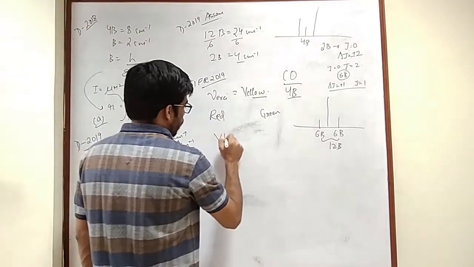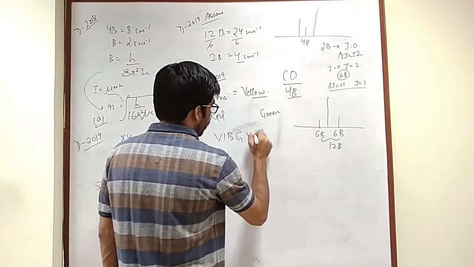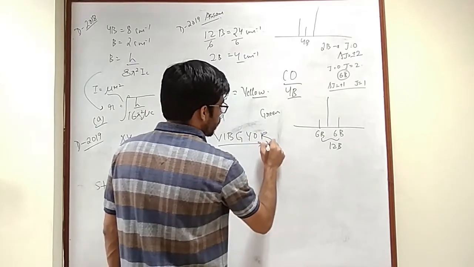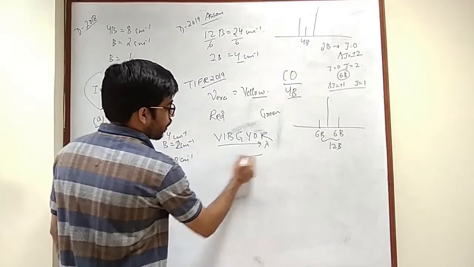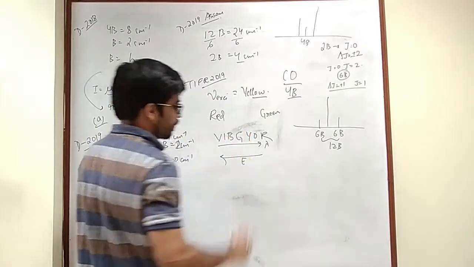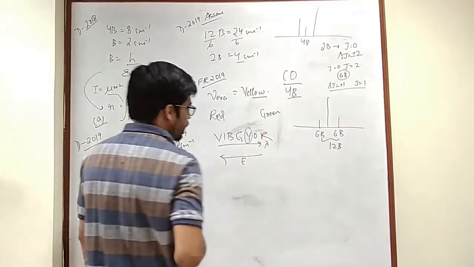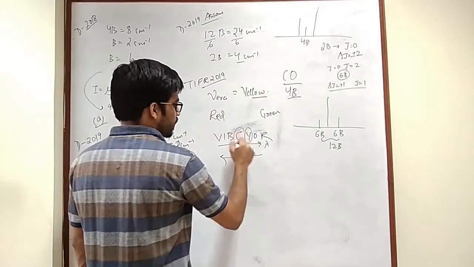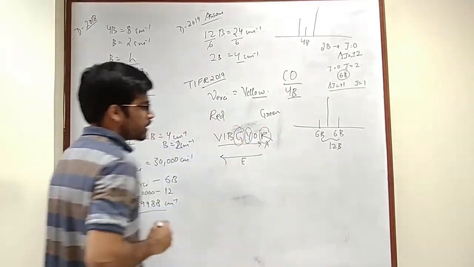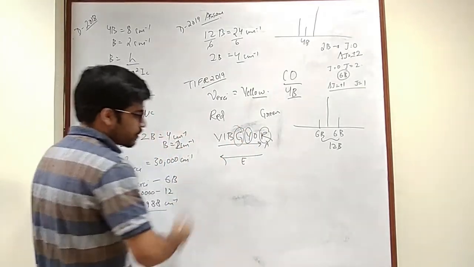So if you remember, this is the increase in lambda and this is the increase in energy levels. That would mean yellow has an energy, green has higher than that, and red has lower than that. How do you justify this?